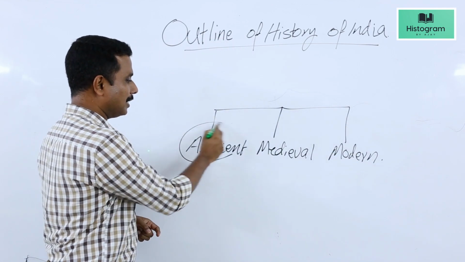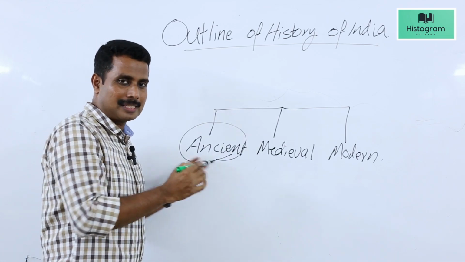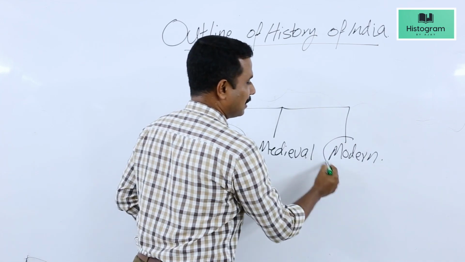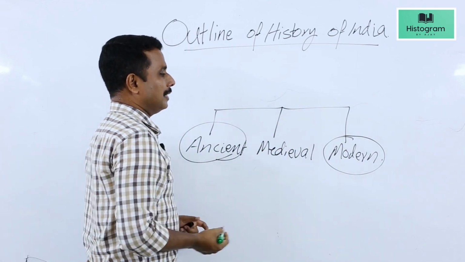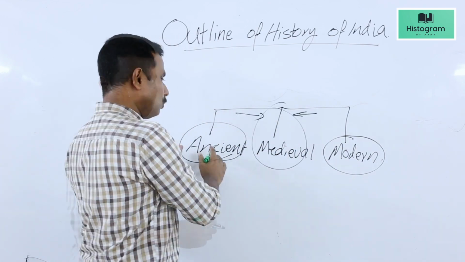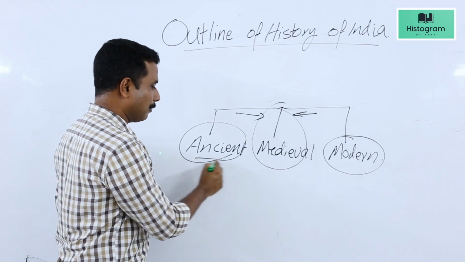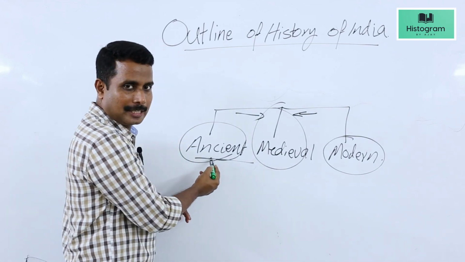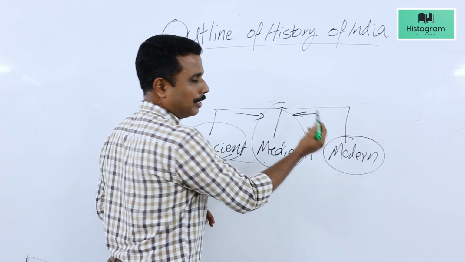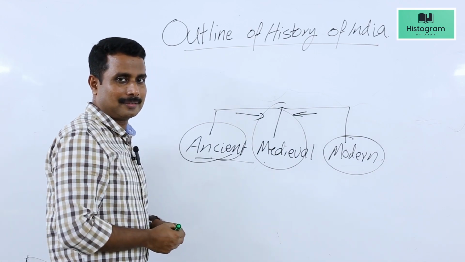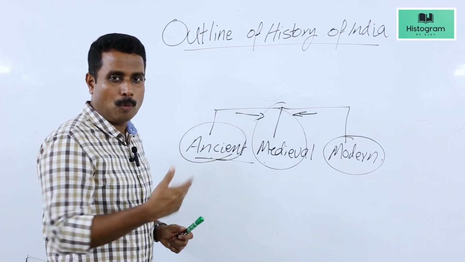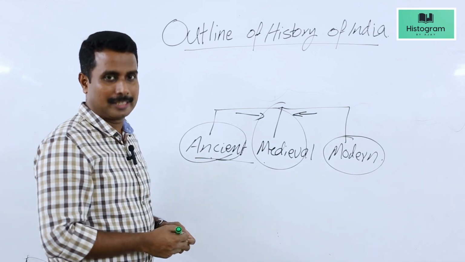So this is the earliest part in the history of India, and this is the latest development in Indian history. To understand history better, we have divided Indian history into ancient, medieval, and modern. Clear? So we will learn something more about some historical terms.